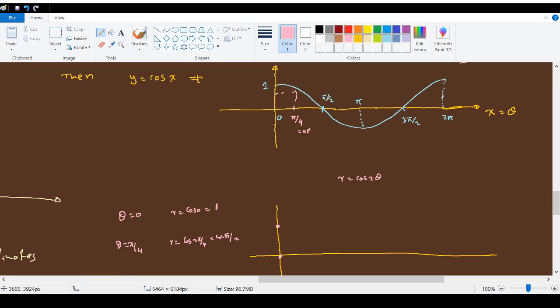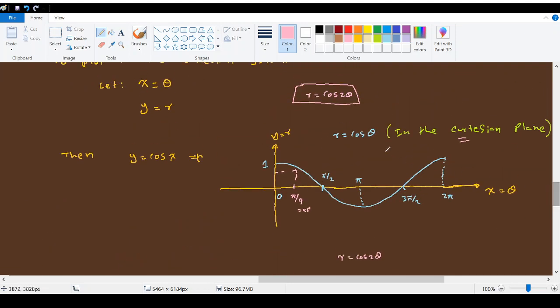And at pi over 2, you get the cosine value equal to 0. So at pi over 4, the curve of cosine 2 theta will reach 0.